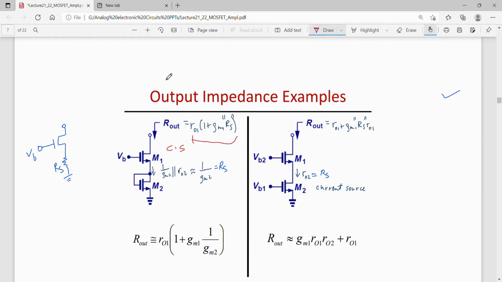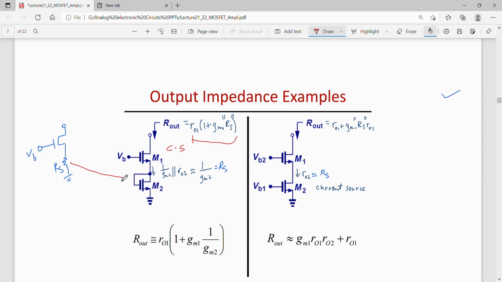Now Rs here represents the diode connected load M2. The impedance of this M2 looking into this port would be 1 by gm2 parallel to RO2.